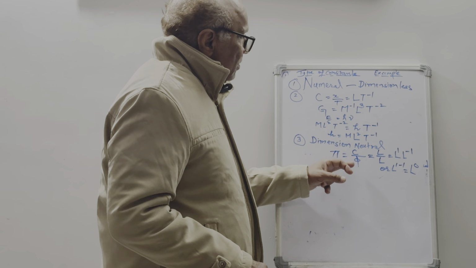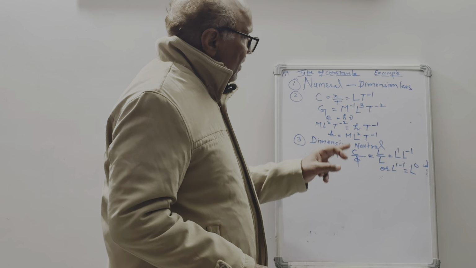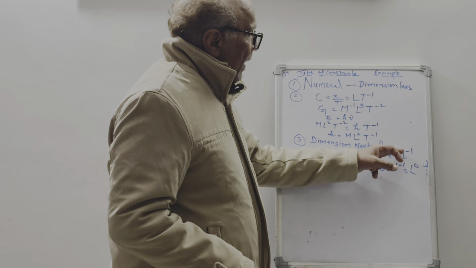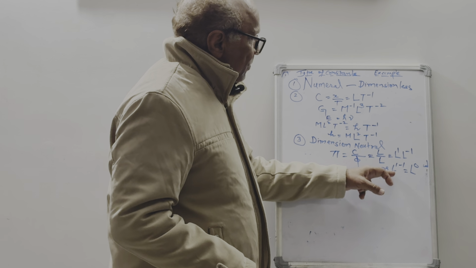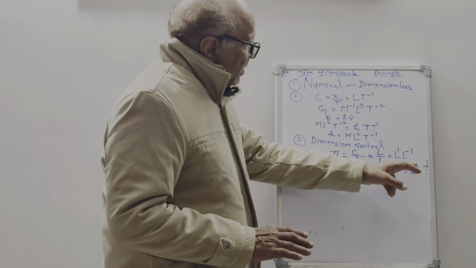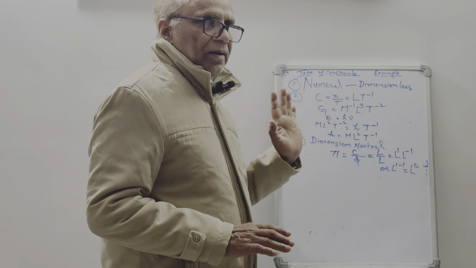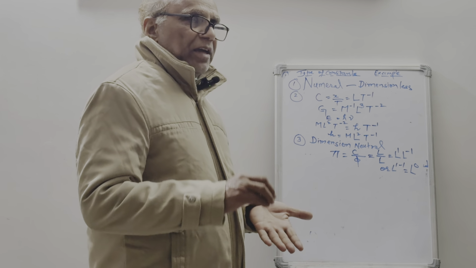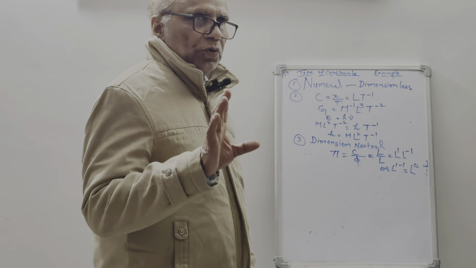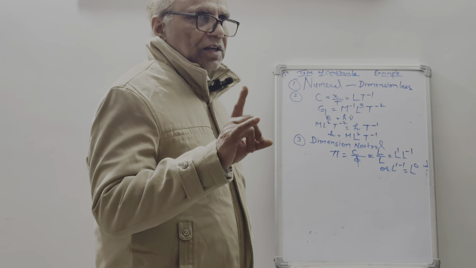Pi is circumference upon diameter, L upon L, L1 L minus 1, that becomes L1 minus 1, L0, that is the dimension is neutral. But pi should not be misunderstood as a number. Pi is a ratio, a constant ratio, a universal ratio.